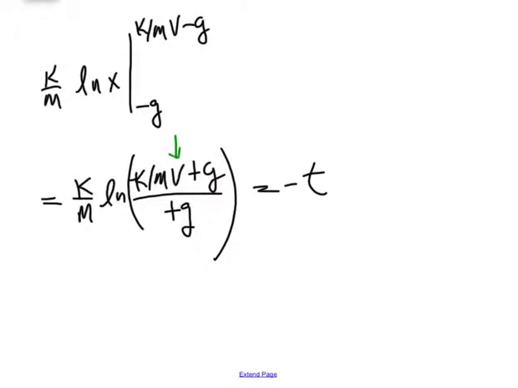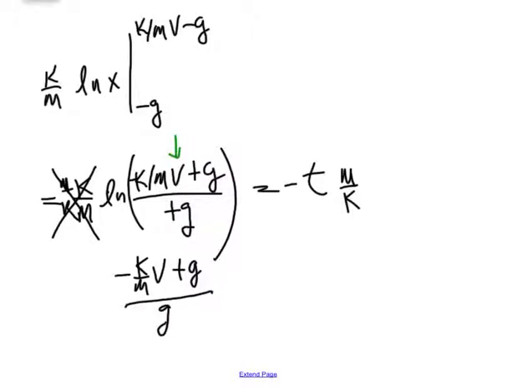So I'm going to multiply both sides of this equation by m over k. That cancels this out. Then, of course, what I want to do is exponentiate both sides to get rid of the logarithm. So I end up with minus k over m times v plus g, all divided by g, must equal e to the minus m over k times t.